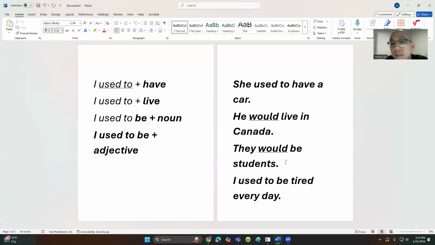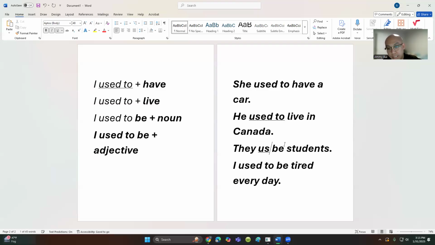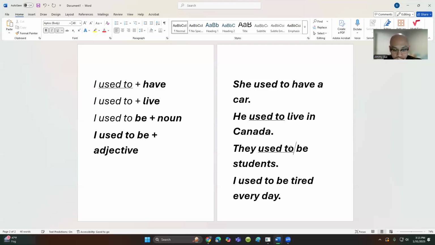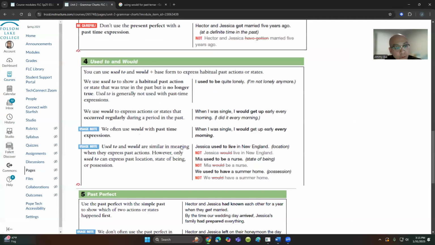We use would. Grammatically, it is correct. However, this is not past tense. It's very important to understand because again, the English rule using would there is correct, but the meaning is completely different. Whereas here, we use would: when I was single, I would get up early every morning.